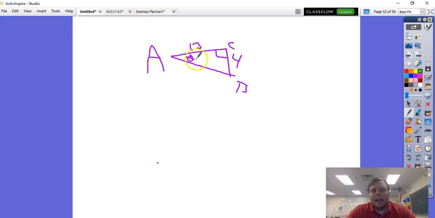So what we need to do first is recognize this is a right triangle. In right triangles, so far we've learned the Pythagorean theorem and trig ratios. The Pythagorean theorem only helps us solve for missing sides, which is not the instructions for this problem.